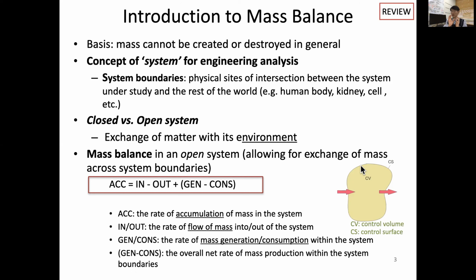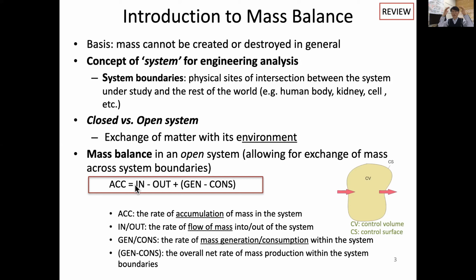Then let's think about what's possible in this system, how mass can be accumulated inside. So within the system, let's denote the rate of accumulation of mass inside the system as ACC. And that accumulation can happen in various ways.